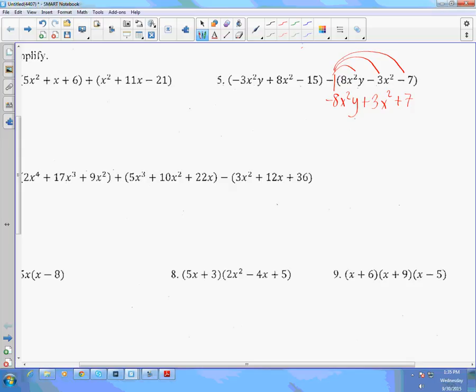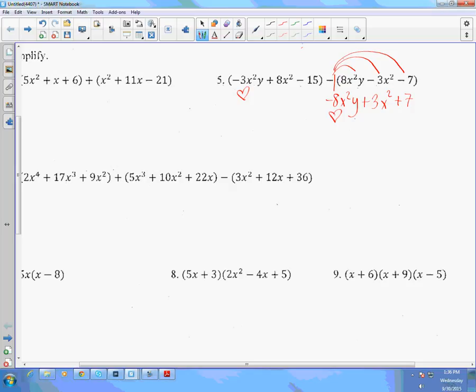The x squared y to the first power makes 2 and 1, so that's actually what degree? Cubic. Okay, so we have like terms.